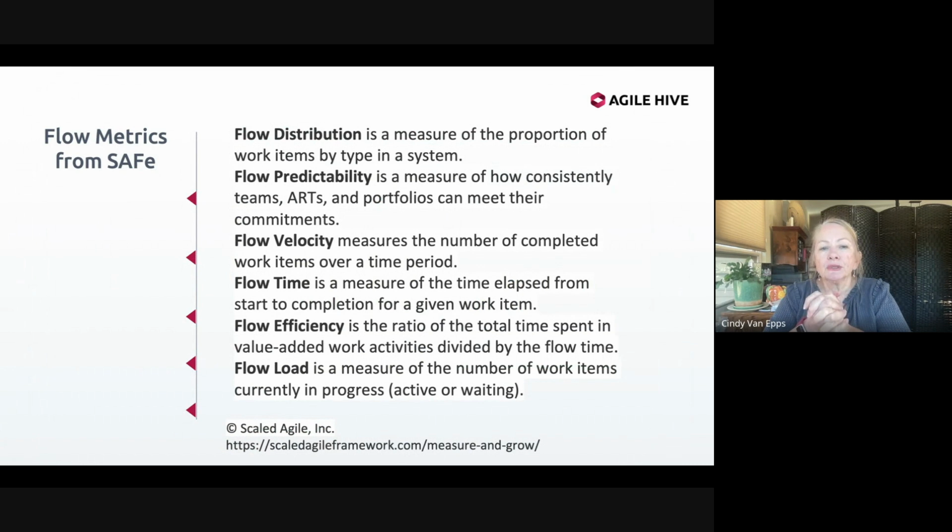If you're not familiar, in SAFe 6.0, there were 6 flow metrics that they pulled together under the new principle of making value flow efficiently. And so there are these 6 metrics. None of them are really new to the world.